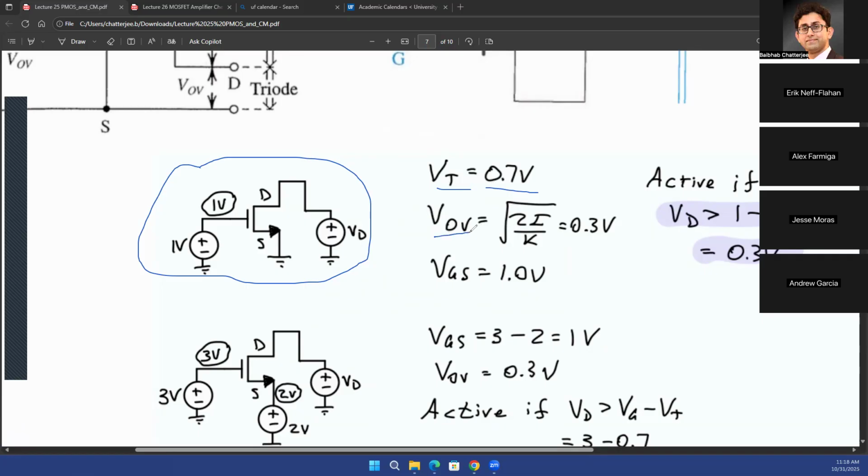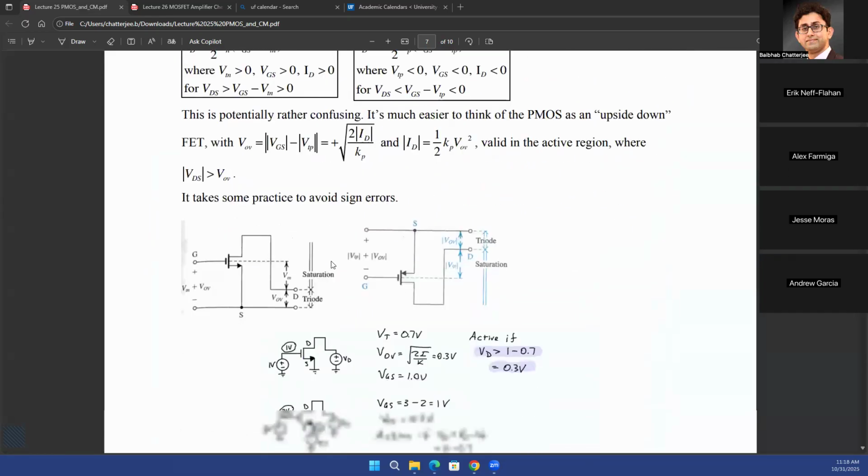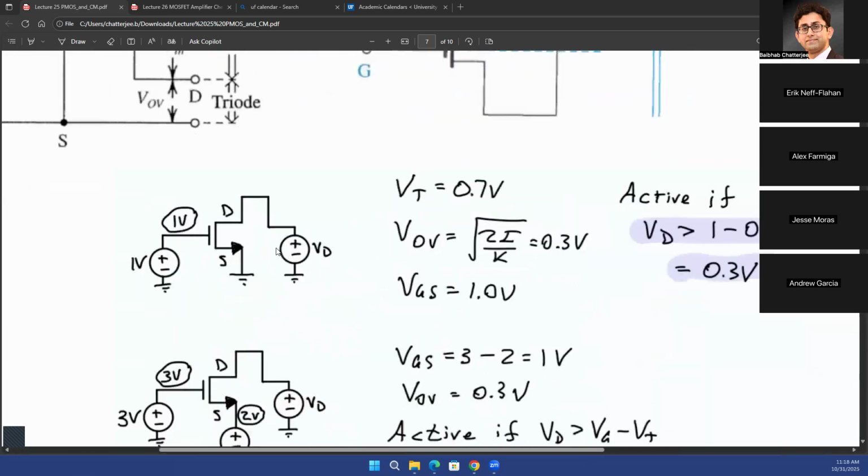You know that there are three different formulas that you can use. Let me see what are the other things that are given in the problem. Okay, so it looks like it's V overdrive that has been given in the problem, and V overdrive is given to be 0.3 volts.